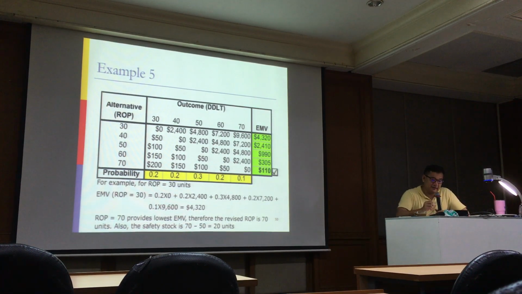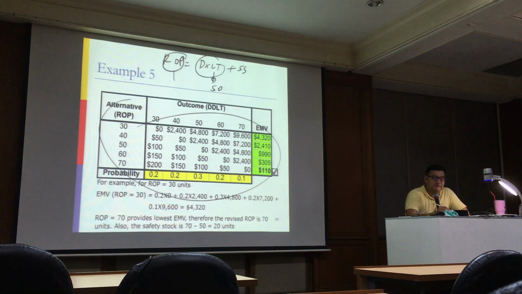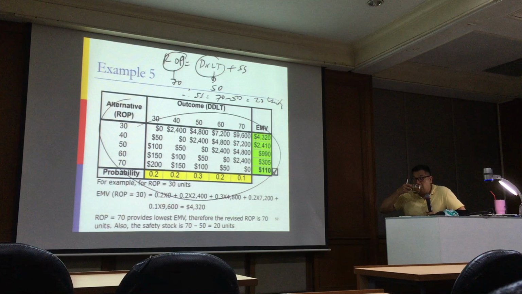And as I showed you, the reorder point equals demand multiplied by time plus safety stock. This one is 50, right? This one from the calculation we have 70. So that's why safety stock is 70 minus 50, we have 20 units. Okay? So this is a solution for safety stock.